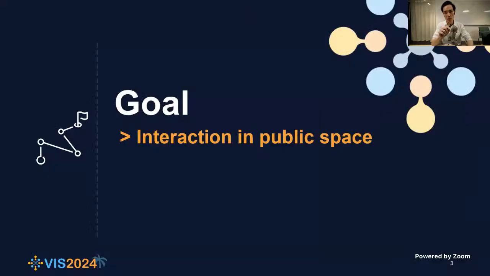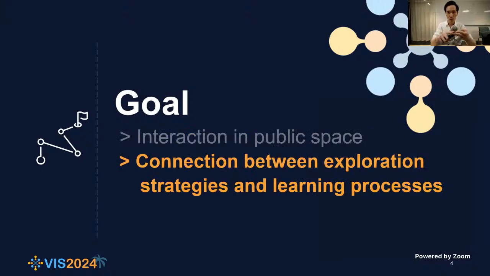Our goal in this work is to first study how individuals interact and engage in interactive digital environment in an informal learning setting. And second, to explore whether or not we can identify exploration strategies that correspond to different levels of learning processes.